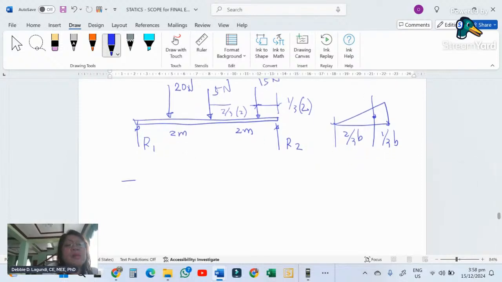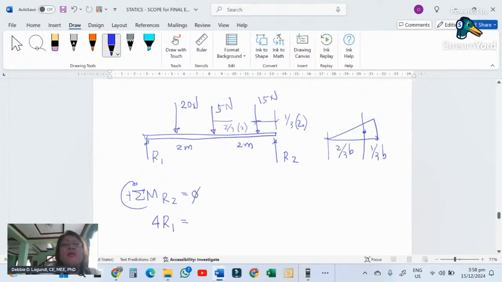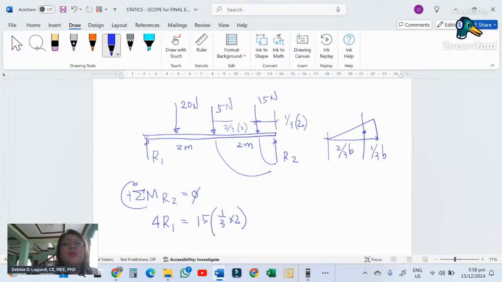If we take summation of moments at R2 to get R1 and equate it to 0 for equilibrium, clockwise positive, you have 4 R1 is equal to, clockwise equals counterclockwise, 15 times 1/3 of 2, plus 5 times 2, plus 20 times, this is 1 meter because it's half of 2, so 2 plus 1 is 3, 20 times 3.